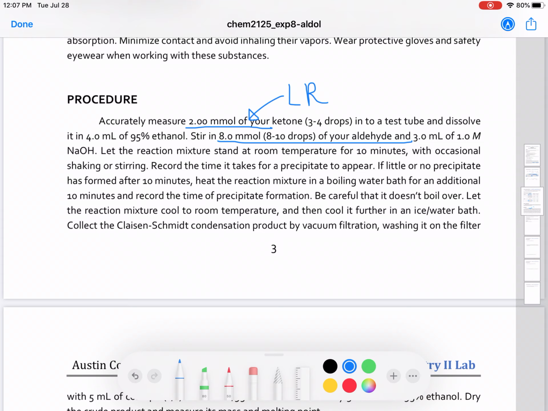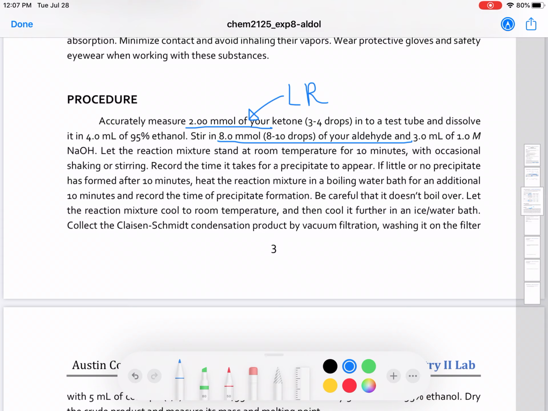We're going to keep it at room temperature for 10 minutes, stirring occasionally, and then we're going to see if a precipitate forms at room temperature. With some of these combinations, you will see immediate formation of a precipitate. And within 10 minutes, if you don't see a precipitate, it needs some help. And we give the help in terms of heat.